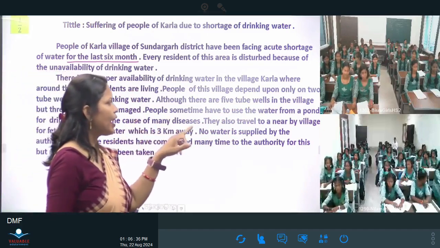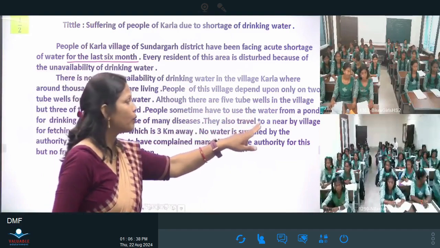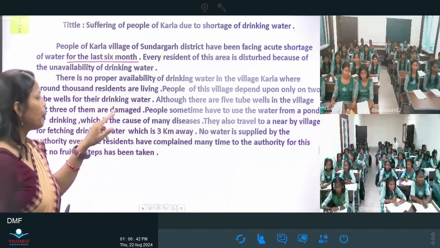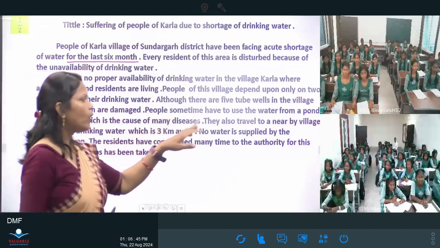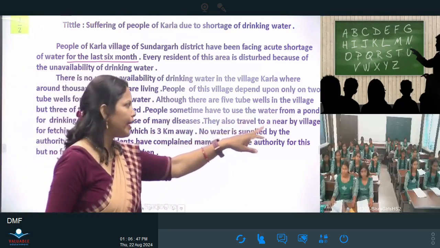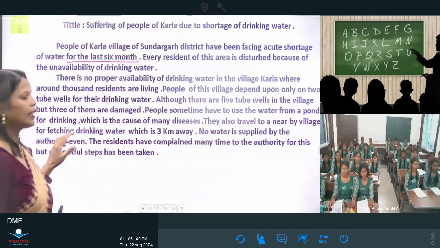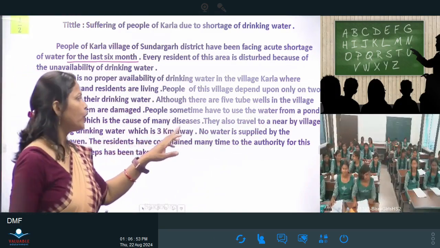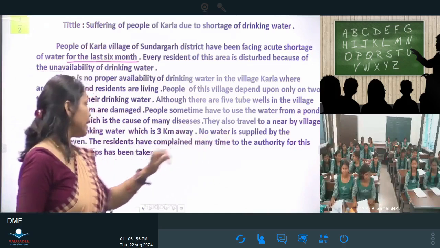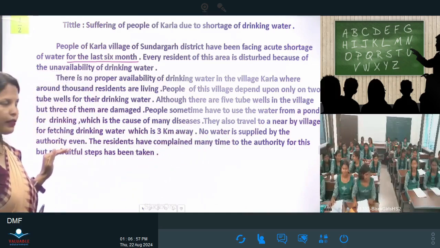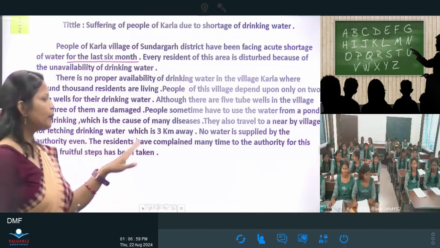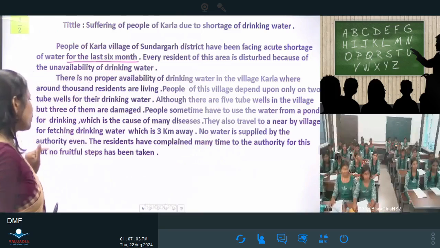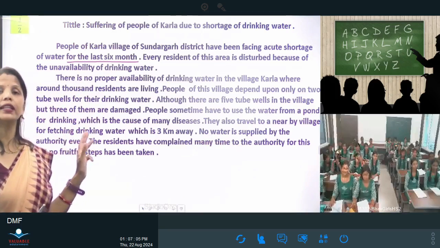People sometimes have to use the water from a pond for drinking, which is the cause of many diseases. They also travel to a nearby village for fetching drinking water, which is 3 kilometers away. No water is supplied by the authority even. The residents have complained many times to the authority for this, but no fruitful steps have been taken.